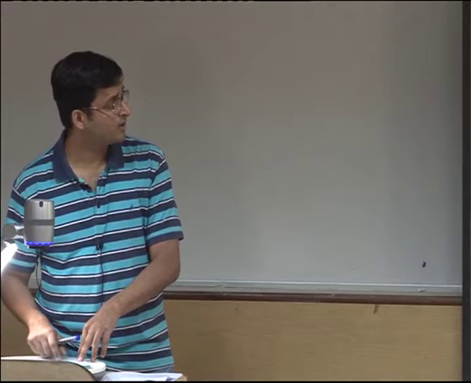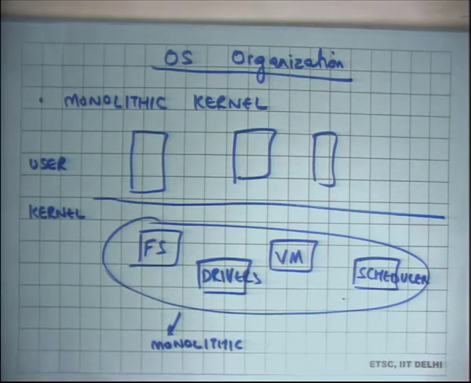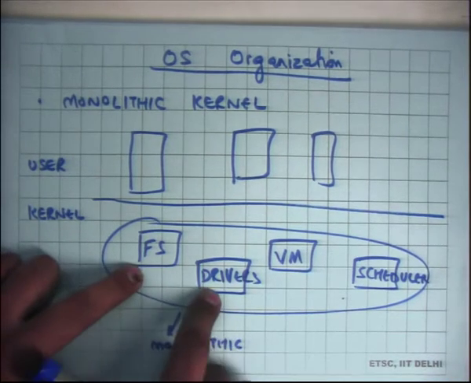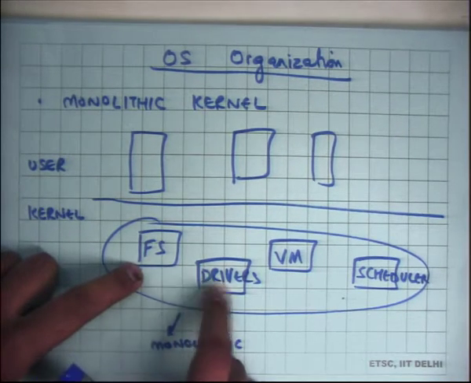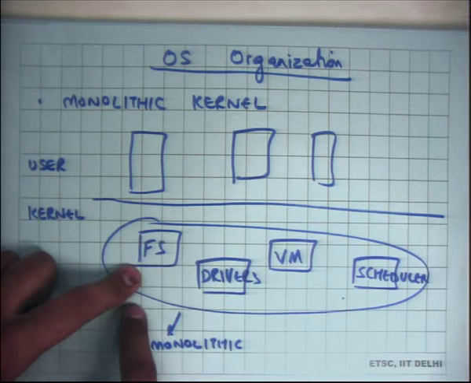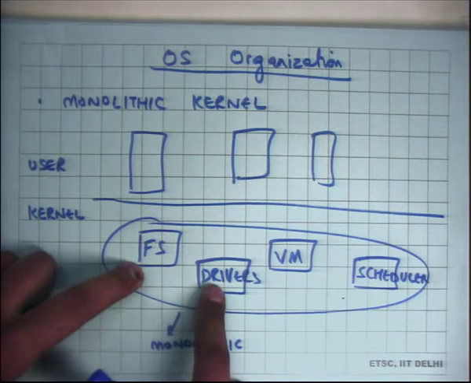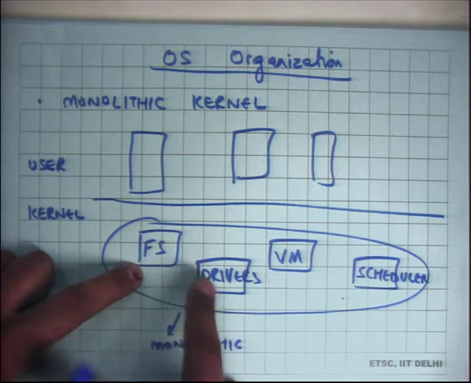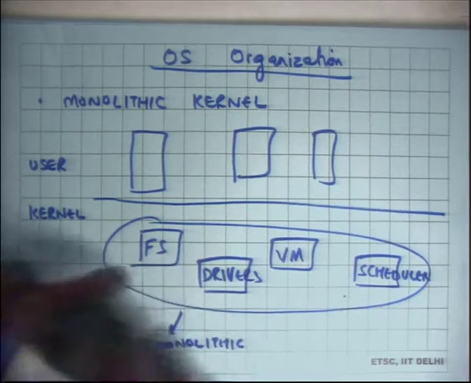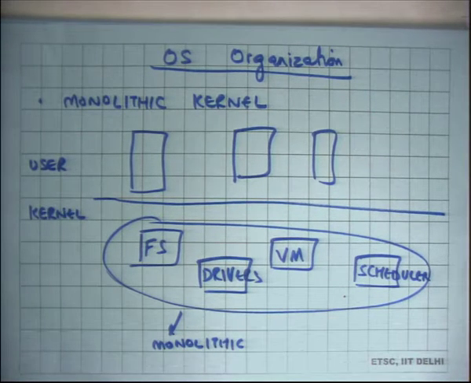Okay. What are some bad things about this kind of organization? Firstly, because they are all sharing one address space and one protection domain, if there was a bug in your device driver, it can actually bring down all the other things. If there was a security hole in your device driver, he could use it to look at your files, he could use it to look at your virtual memory subsystem.